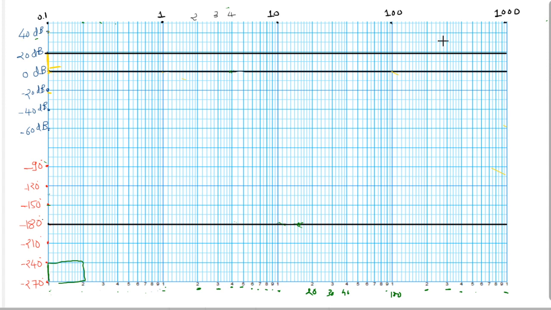I am writing here: at k equal to 10, 20 decibel. In your semi-log paper take care; I am drawing it again here, 20 decibel at k equal to 10.